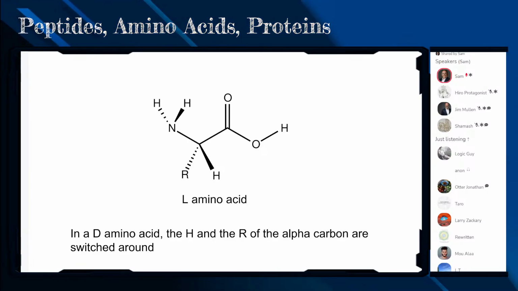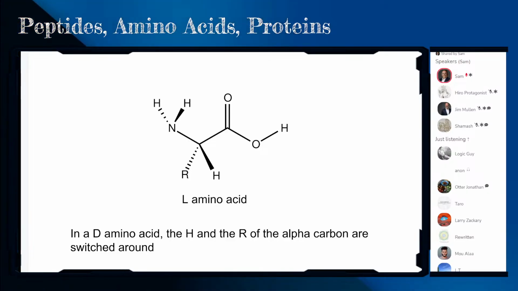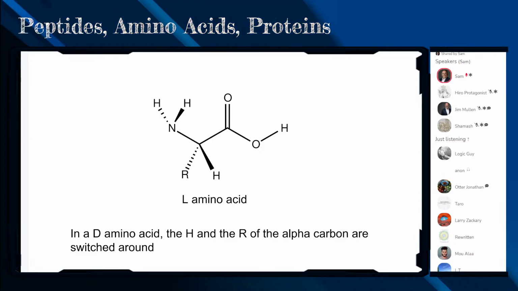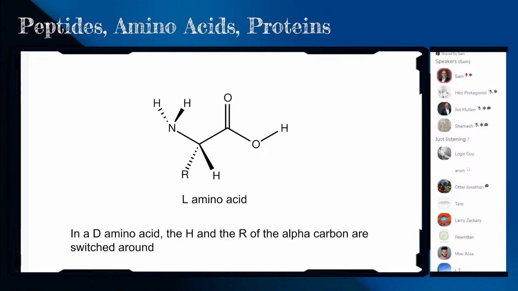So this conformation, as I have drawn it in biology, is called L amino acid. We chemists don't like the L, and so the mirror image of it would be D. We don't like the L and D designation. Biologists do, because if you say L, I won't be able to draw which isomer I have.